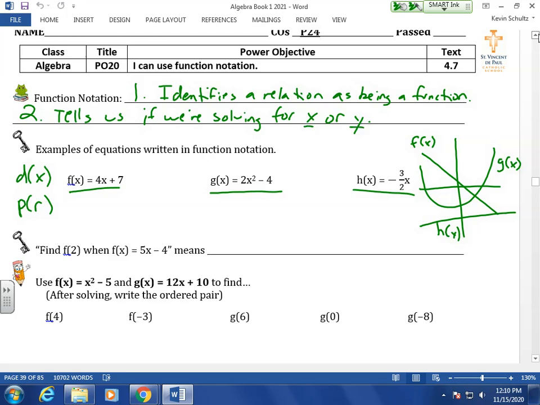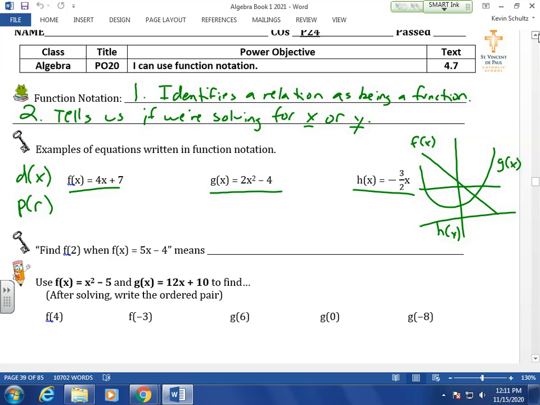They might not be the variables x and y specifically, because variables can really be any letter. But when we talk about x, we're talking about the x-axis variable, and y, the y-axis variable. So the second thing that function notation does is it tells us if we're solving for x or y to gain information about the equation or the situation.